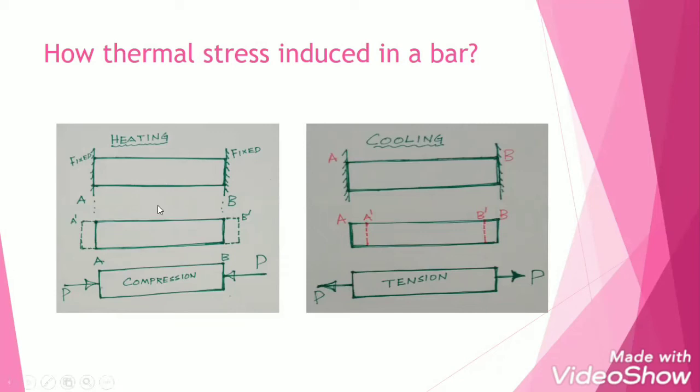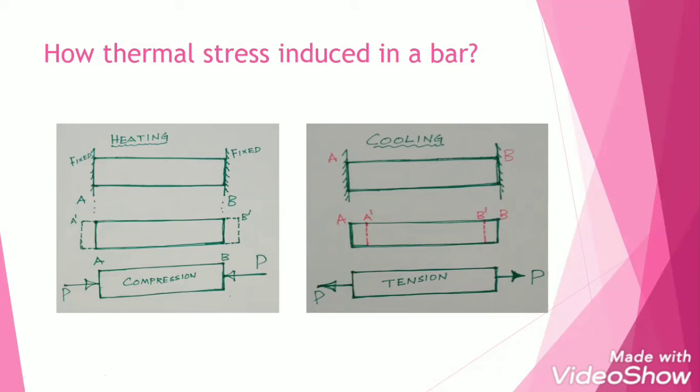Because of heating, the molecules are very much excited. They want to go out beyond the fixed surfaces, but those fixed surfaces will not allow the expansion of the material. So a compressive force will act on the material.